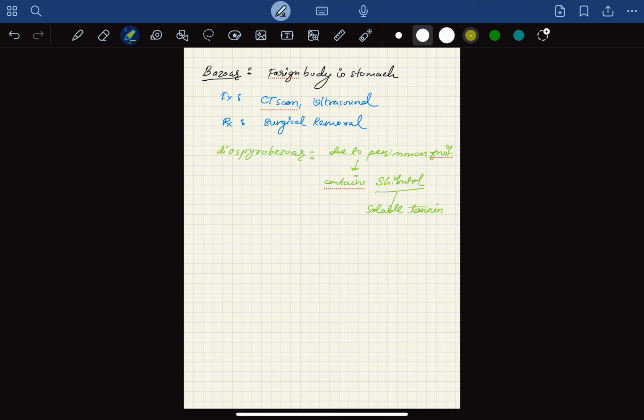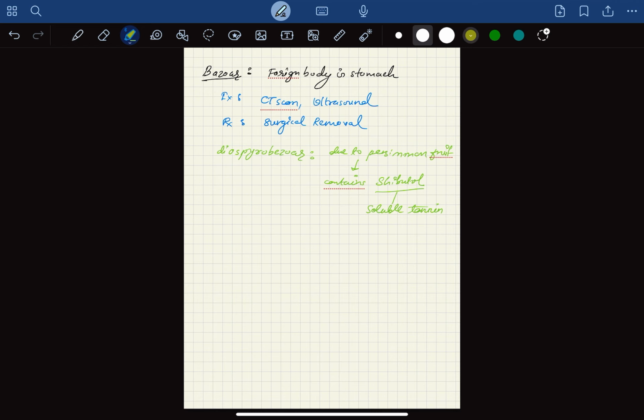Now what is bezoar? Bezoar is a foreign body in the stomach, and it can be of many types. It can be trichobezoar, that is hair, phytobezoar, that is vegetable fibers, metal bezoar if metal is stuck, pharmacobezoar if the drugs are enteric coated tablets, and if there is gastric outlet obstruction then the drug will accumulate, that is pharmacobezoar, and lactobezoar, where milk products will be there.